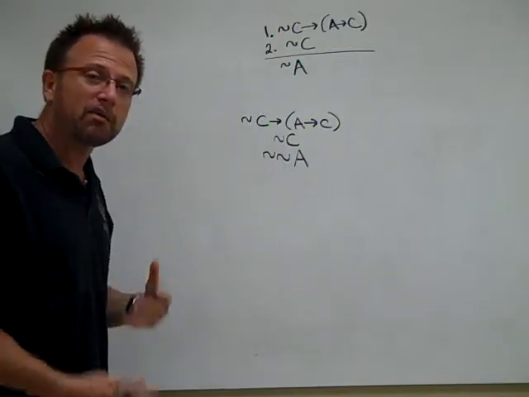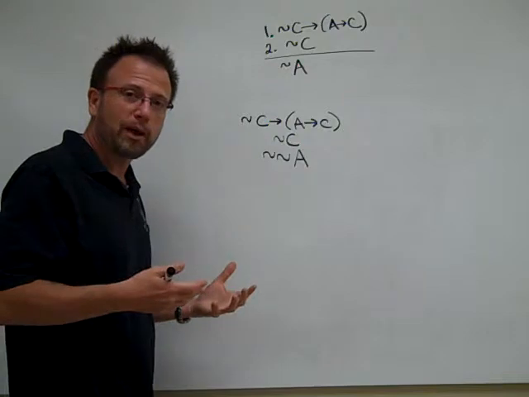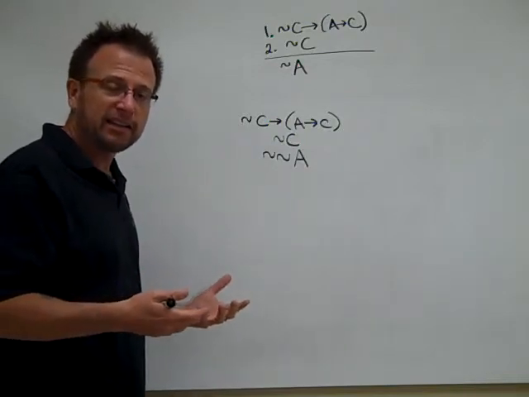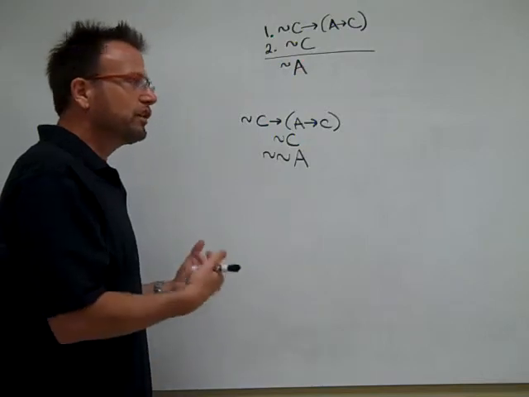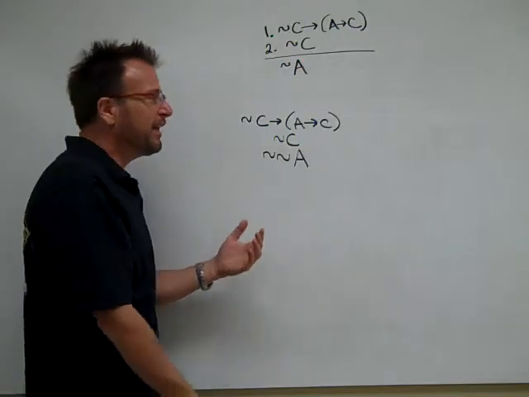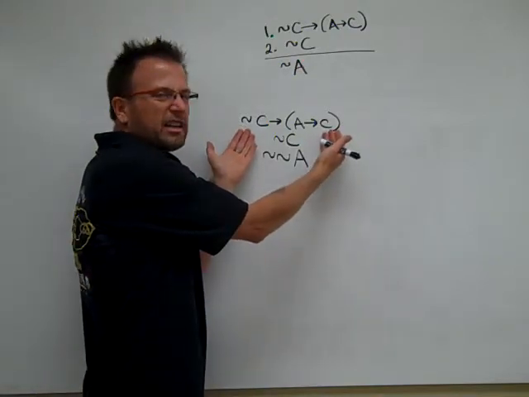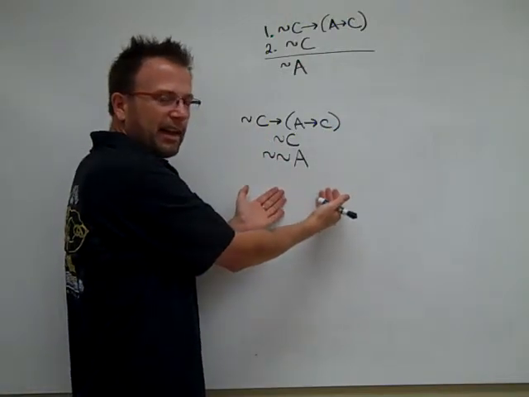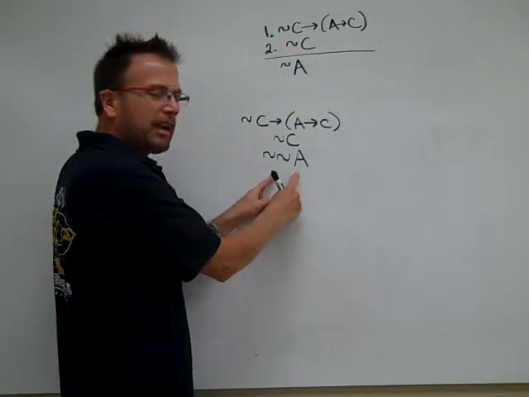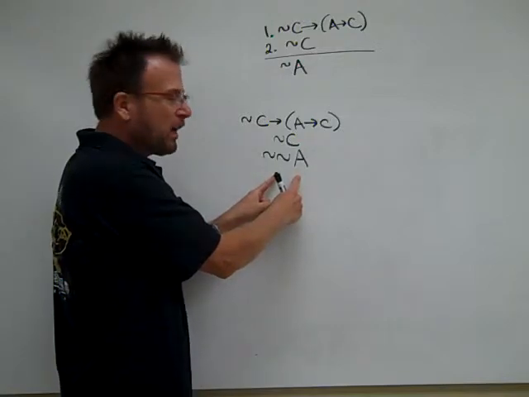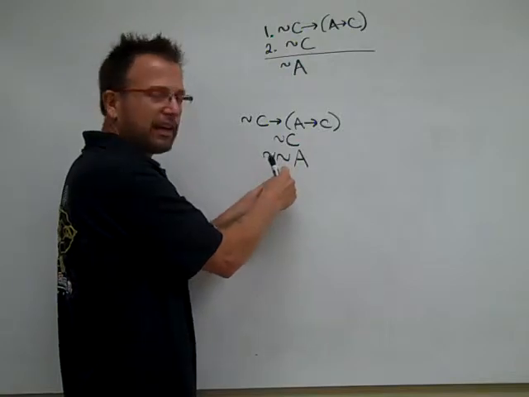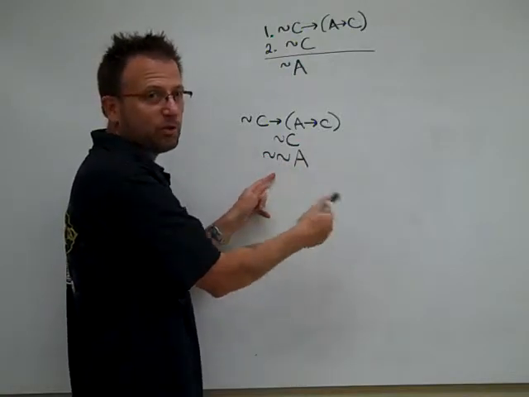So what I'm going to do now is look at the rules of operation that you found in your lecture and that you've read in the textbook. All I'm going to do as I work down the truth tree is translate under what conditions this statement would be true, and then rewrite that down below. So here I've got tilde, tilde A. Under what conditions would it be not the case that not A?